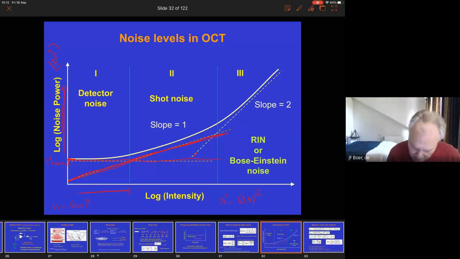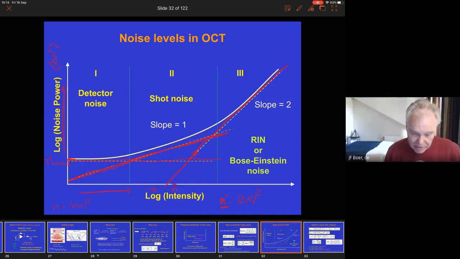And remember, this is the intensity, so this is the N axis. So since the noise here increases with the mean squared, we get a slope of 2 here for the increase of that relative intensity noise. And this is very general for light detection.